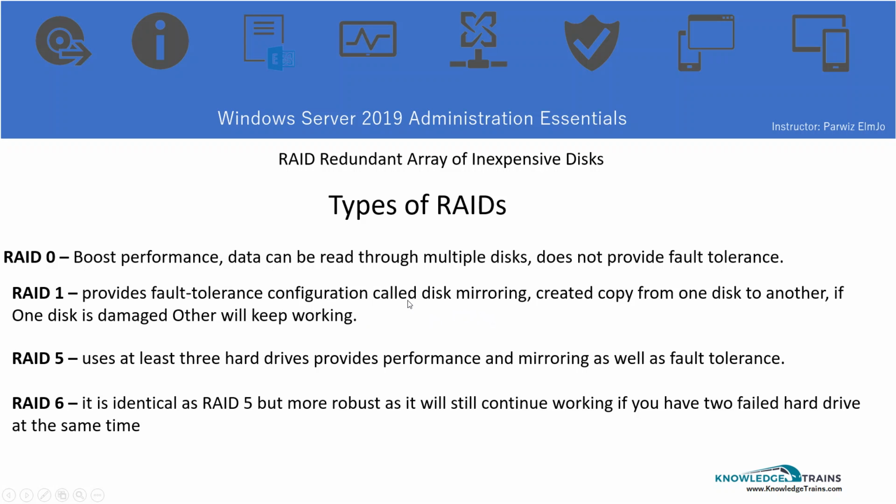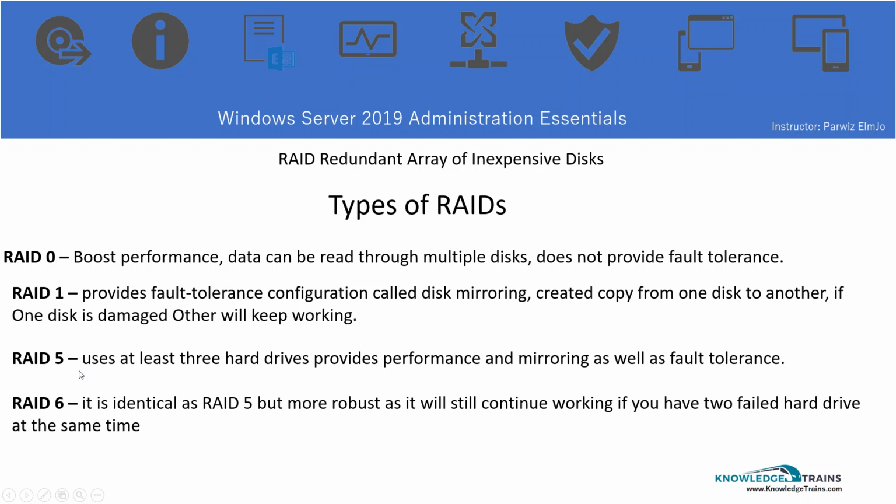For example, you create a file, and it creates a copy of the same file on another hard drive, and that is how it provides you fault tolerance, so that if one of the hard drives goes down, you will be able to use your data. So this is RAID 1, and it is the cheapest solution, meaning that you don't have to spend a lot of money. You can use two hard drives here.